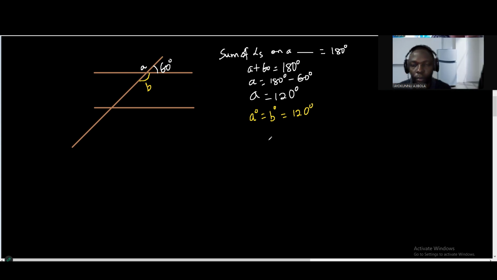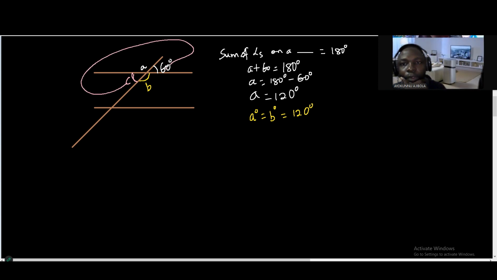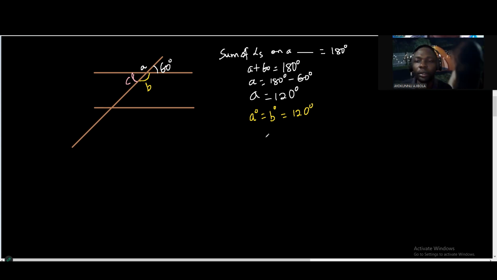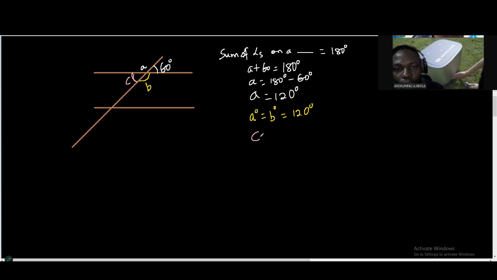180. Now, if there is another angle here called angle C, the angle at C will be 60 because it will be vertically opposite to this, okay? Or we can say C equal to 60 degrees because they are vertically opposite angles and they are equal.